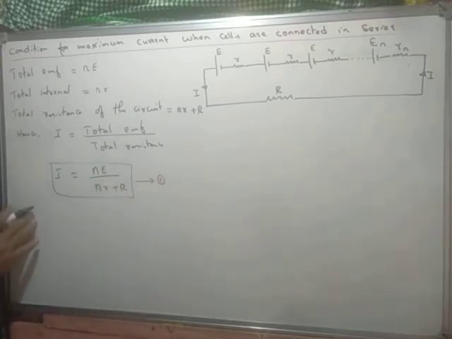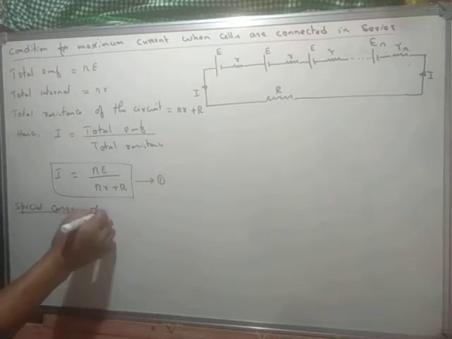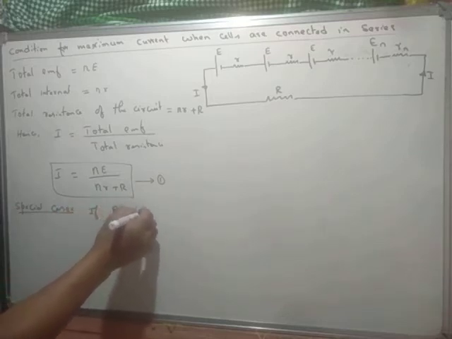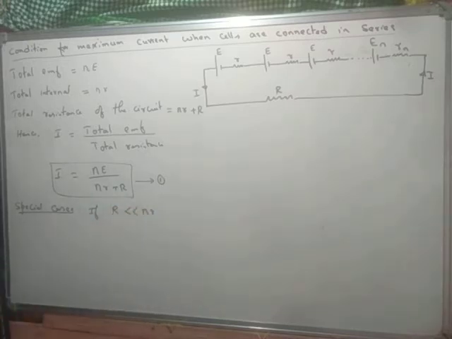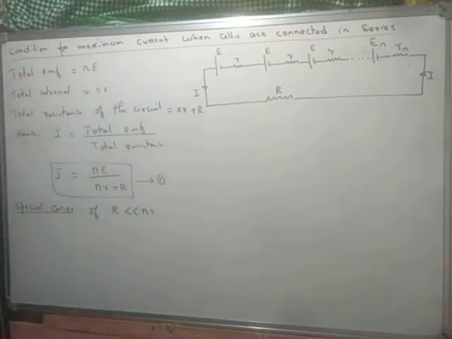Now we shall see a special case of this equation 1. The first case is when capital R is very small compared to nr. That means if the external resistance is smaller than the sum of the internal resistances, then what will happen to I?